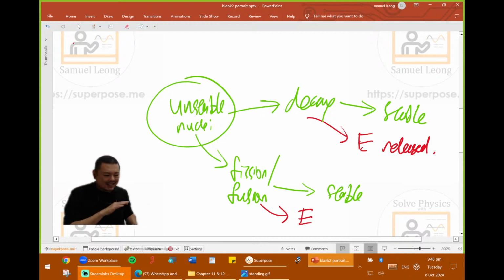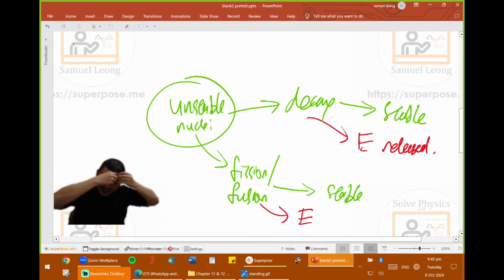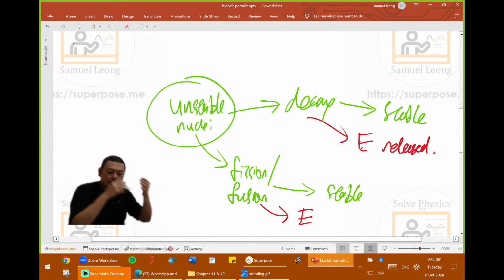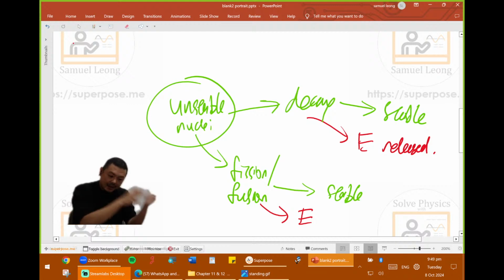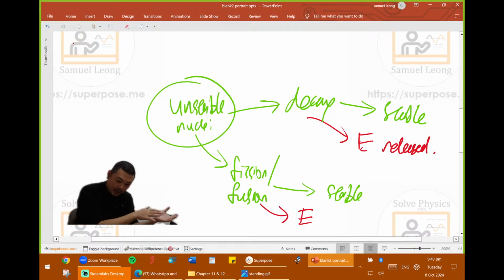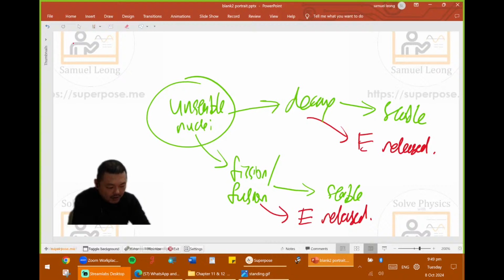But we can't use words like exothermic here, right? But the concept is pretty much the same. If you're unstable, that means you got a lot of energy going on, and you do something, you release it and you become stable. So the idea here is, if the eventuality becomes you get a stable product, it means that.